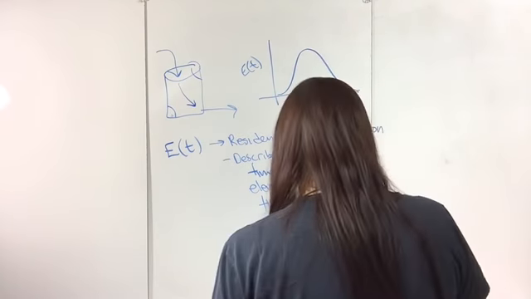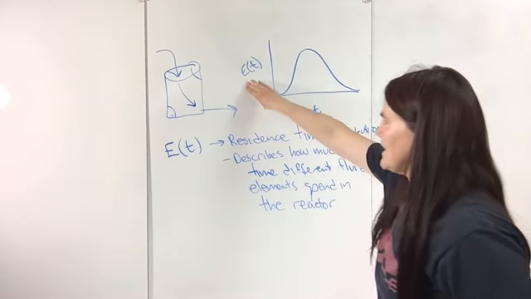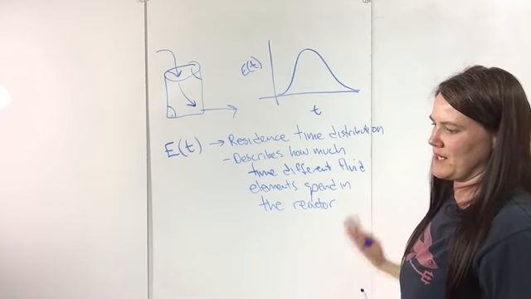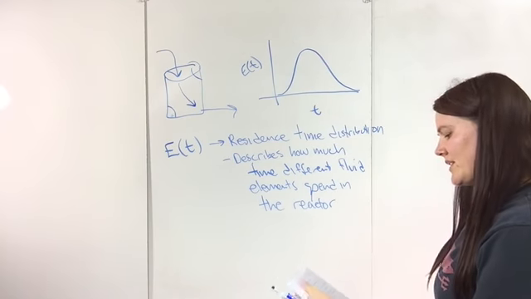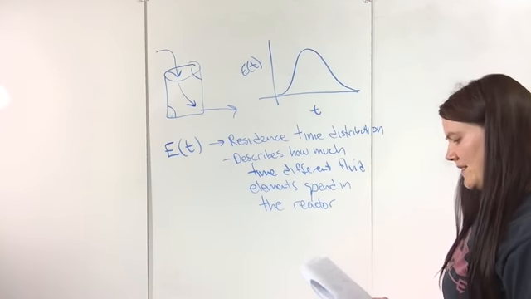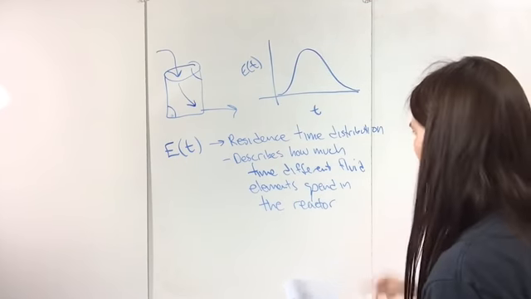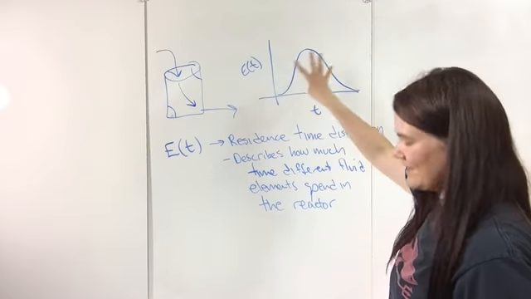That's kind of what this is. This function looks different depending on what reactor you have, and I don't want to get into all the details of that because the point of this is just to explain what that is.